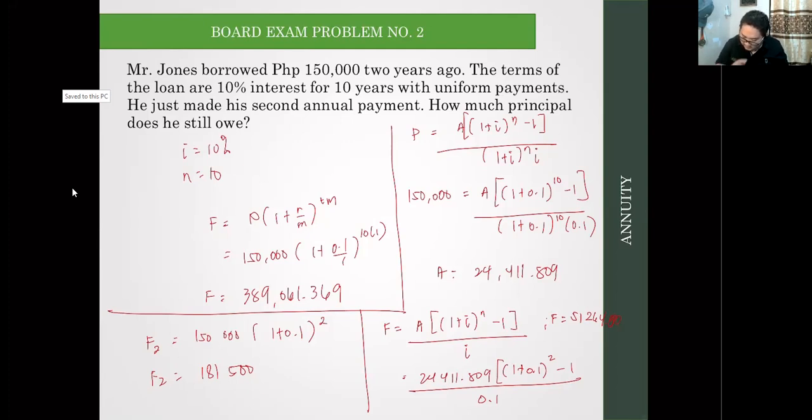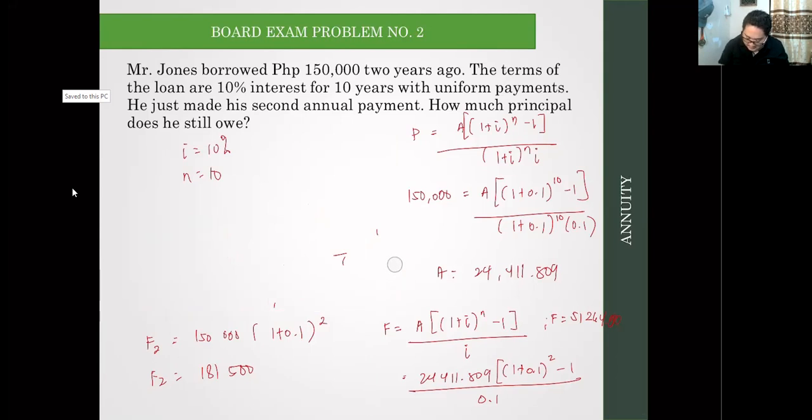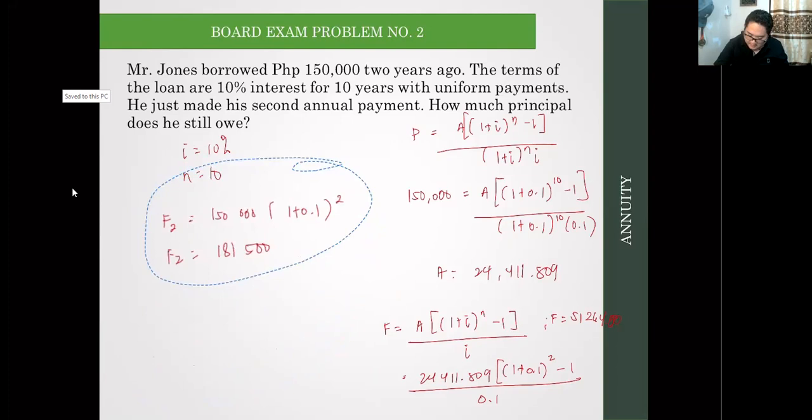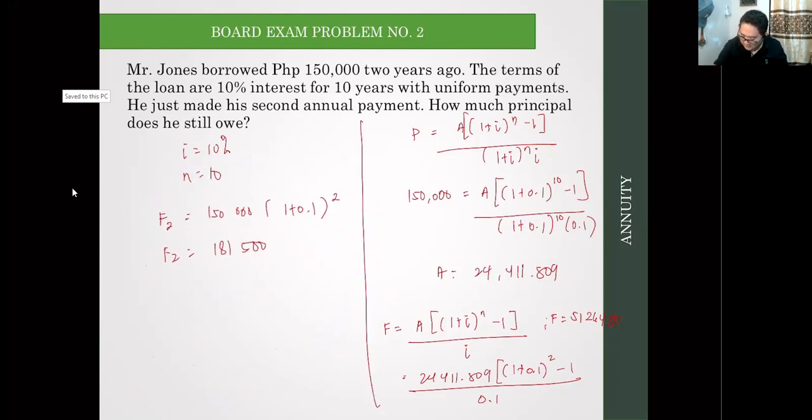So dito, 2 years ago pa pala yung nautang, no? So kailangan hanapin natin yung value. So ito dapat yung bayaran niya after 2 years, no? Eh, for 2 years, nagbayad na siya. So ito yung amount na nabayad niya.